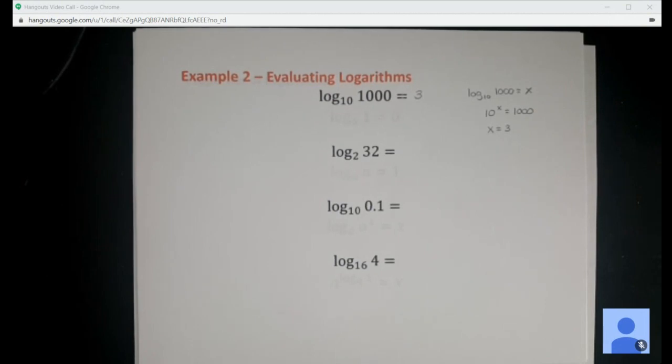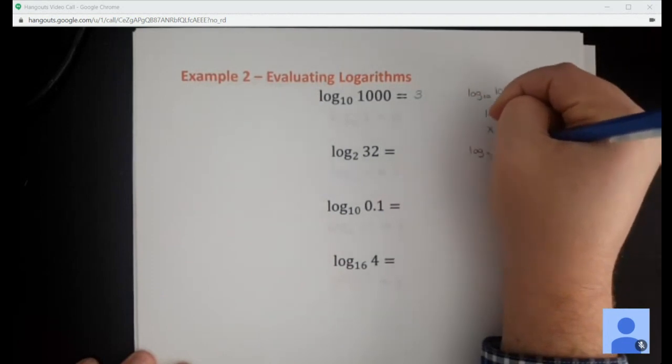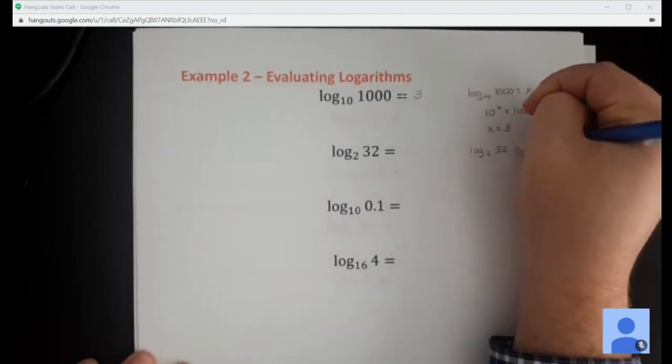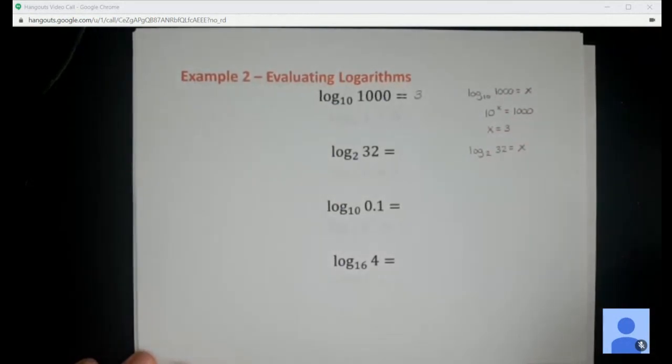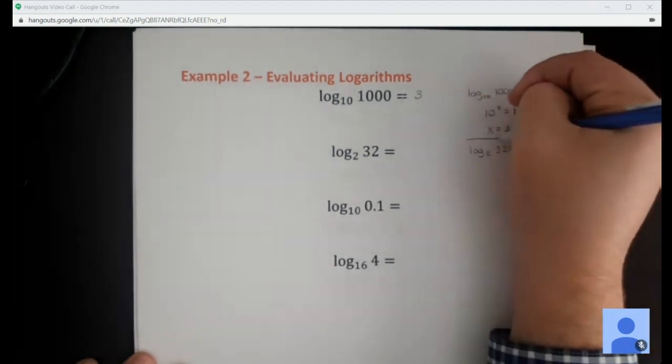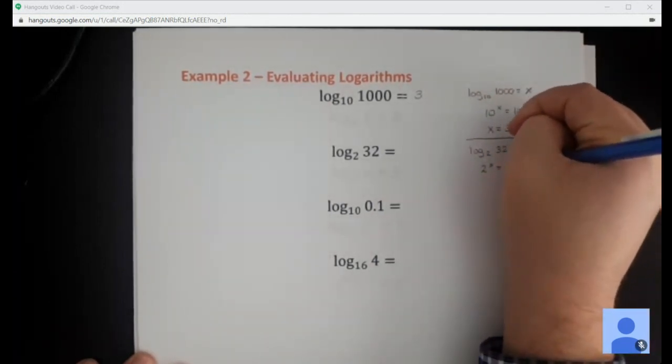Okay. So again, I'm going to do the work again, but if you can do it without it, that's fine. So we have a base 2 log of 32 equals some value, I'll call it x. What's our exponential form this time? Good. 2 to the x equals 32.